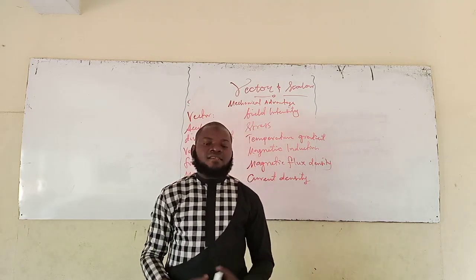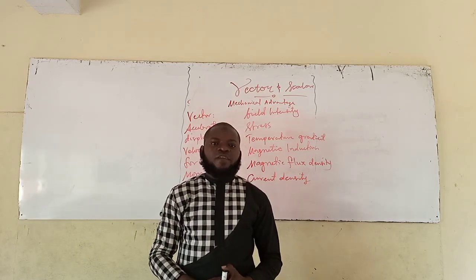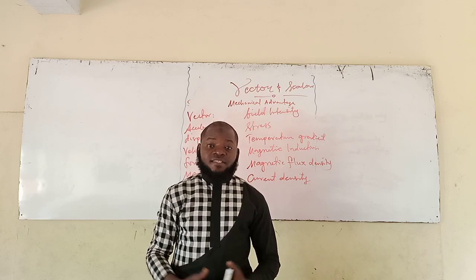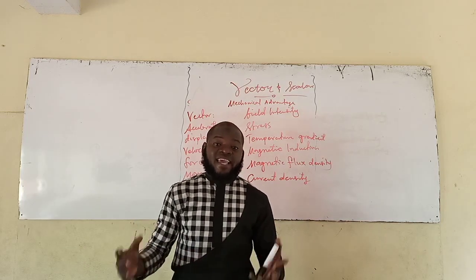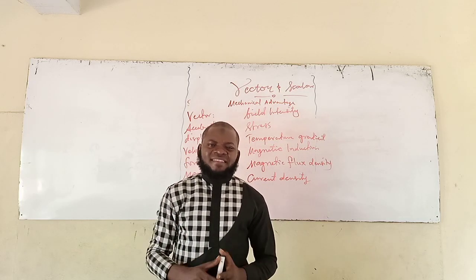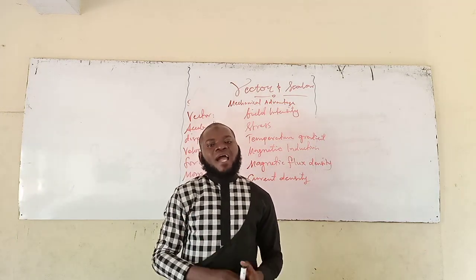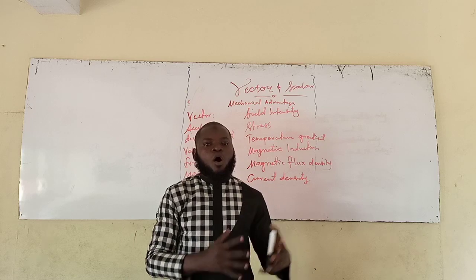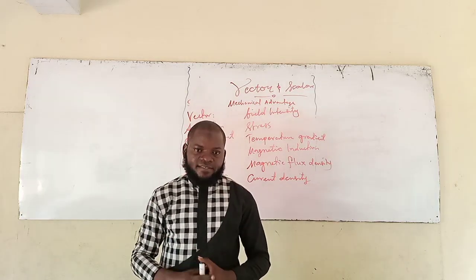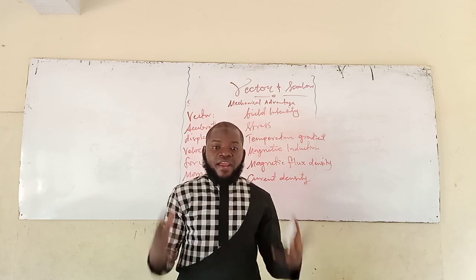So having said that, what is resultant of a vector? That is another area where the examiner wants to test you as far as vector and scalar is concerned. When you talk about resultant, it is a single vector that will have the same effect as two or more vectors acting at a point. You take, for instance, you want to buy a radio.